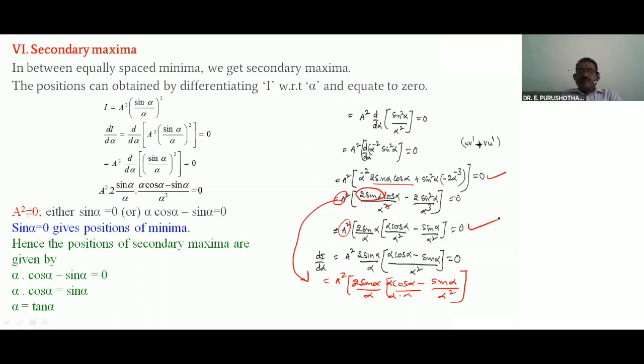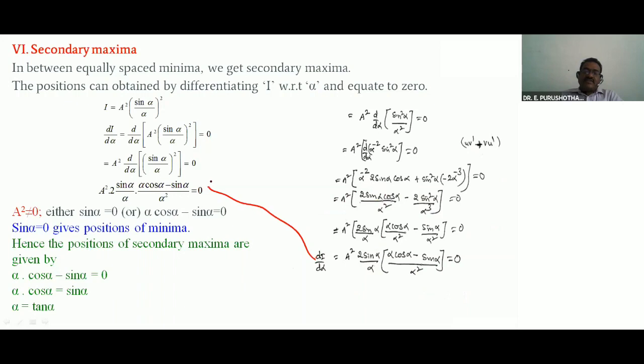You see, so a square 2 sine alpha by alpha. This is alpha cos alpha, this is alpha into alpha, alpha square, minus sine alpha by alpha square, as it is. You can write this formula directly because it is qualitative.